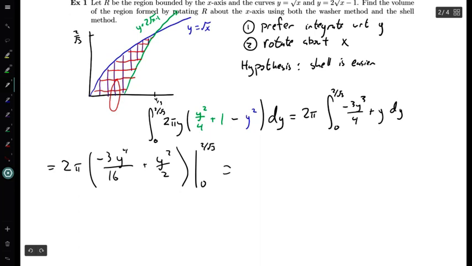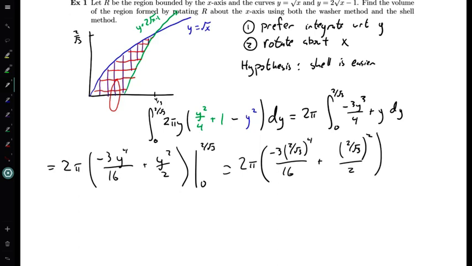So at 0, this evaluates to 0, so we can simply plug in 2 over root 3 here, and we get 2 pi times minus 3 times (2 over root 3) to the 4 over 16 plus (2 over root 3) squared over 2.